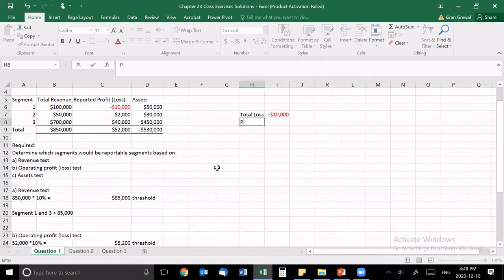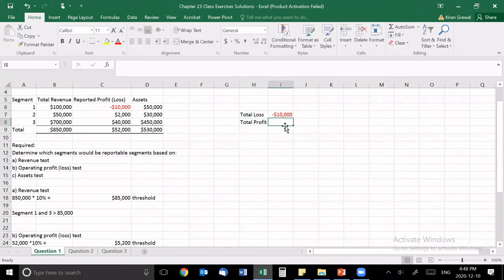And then you would add up the total profit of all the segments, so only the segments that have a profit. That's only the 40,000 plus the 2,000. Whatever is higher out of those two, in this case $42,000, is going to be the basis for your test.